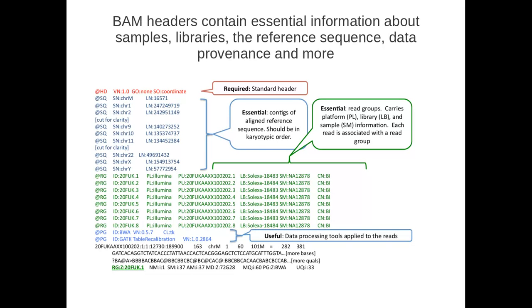FASTQ files come from a single lane, and also you have to correct for certain types of biases on a lane-by-lane basis. We'll talk about duplicate reads later, but just take it for now that there are certain things that have to be manipulated on a lane-by-lane basis.